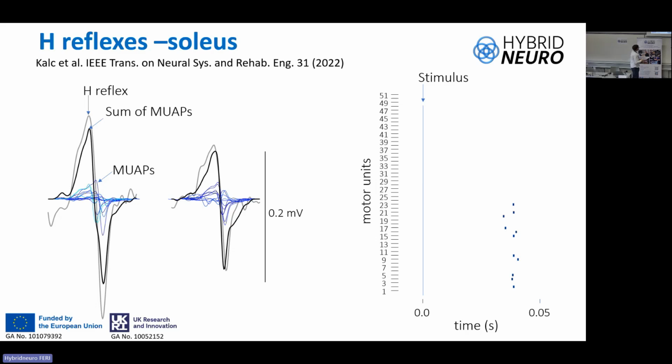We get the sum of them, which is depicted by the black line, and we can see the difference between the decomposed part versus the original H reflex, which is depicted by grayish color, and we can see how much energy we have taken into account when doing the decomposition.